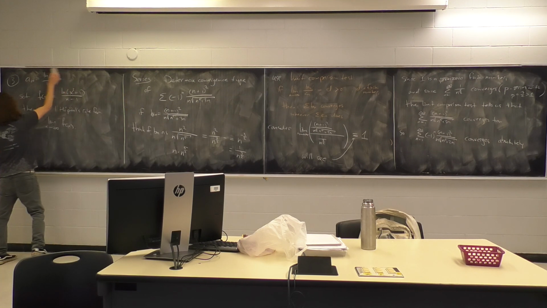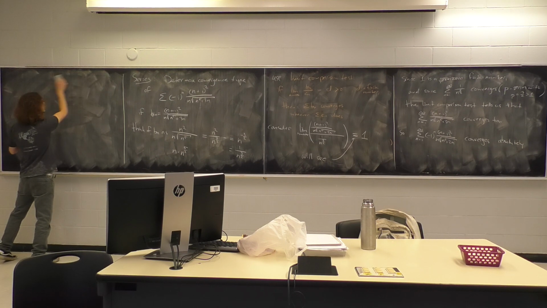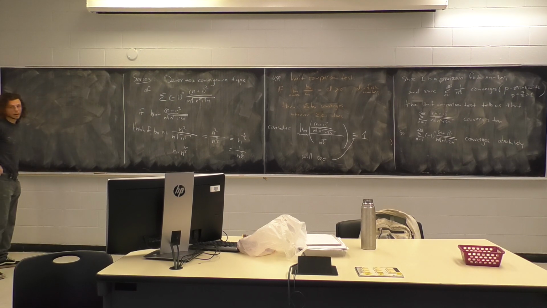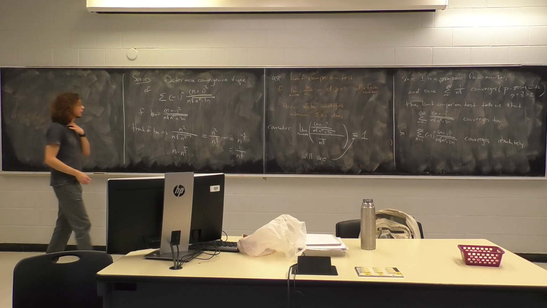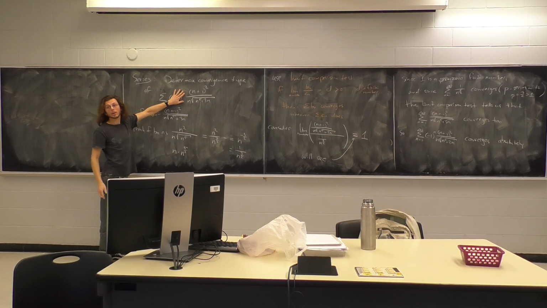So by the lack of people leaving, I assume you all want to see the limit. Yes. In which case it would be converging, what do you say? Conditional. Conditional, yes, sir. Conditional convergence means that this converges as a series like this, but if you take the absolute value, it does not converge anymore.